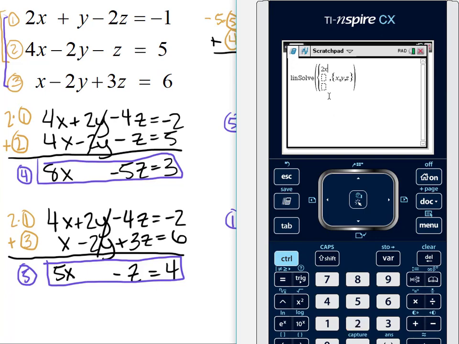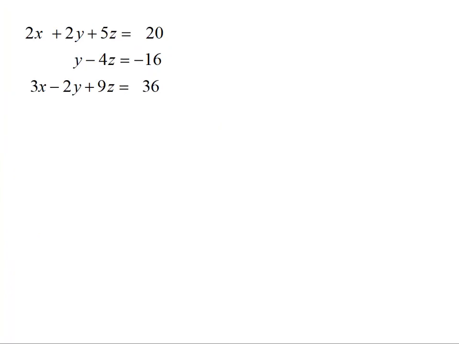I'll use my keyboard here. 2x plus y minus 2z equals negative 1. 4x minus 2y minus z equals 5. And x minus 2y plus 3z equals 6. And hopefully that's it. There's our solutions. 1, negative 1, and positive 1. All right, so far so good.